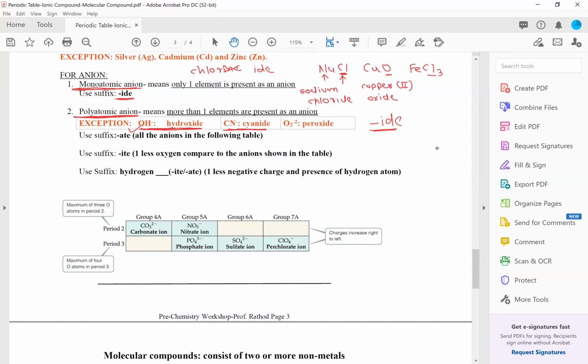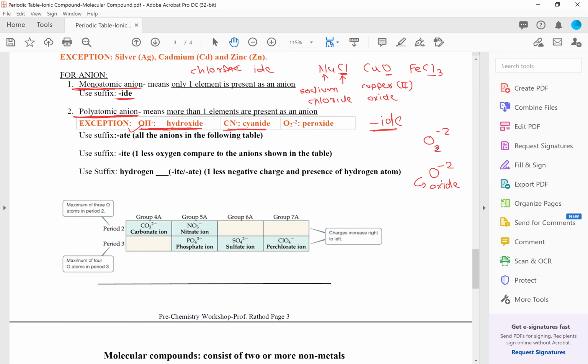Okay, and if you have O2 minus 2, it means there are 2 oxygens, O2, which is carrying a -2 charge. In this case, we are calling it peroxide instead of oxide, right? If you remember, we talked about O minus 2. What do we call it? We call this oxide, right?